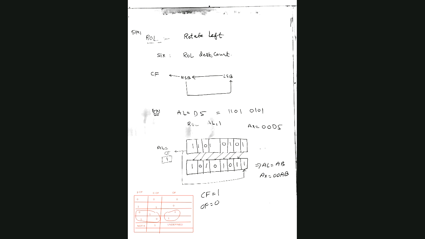Because previously I assumed the carry flag was 0 here, and the carry flag was 1 and overwritten with 1 again, so there is no change. But actually, if the initial value of the carry flag is not known, you have to write undefined. Is your doubt clear now?